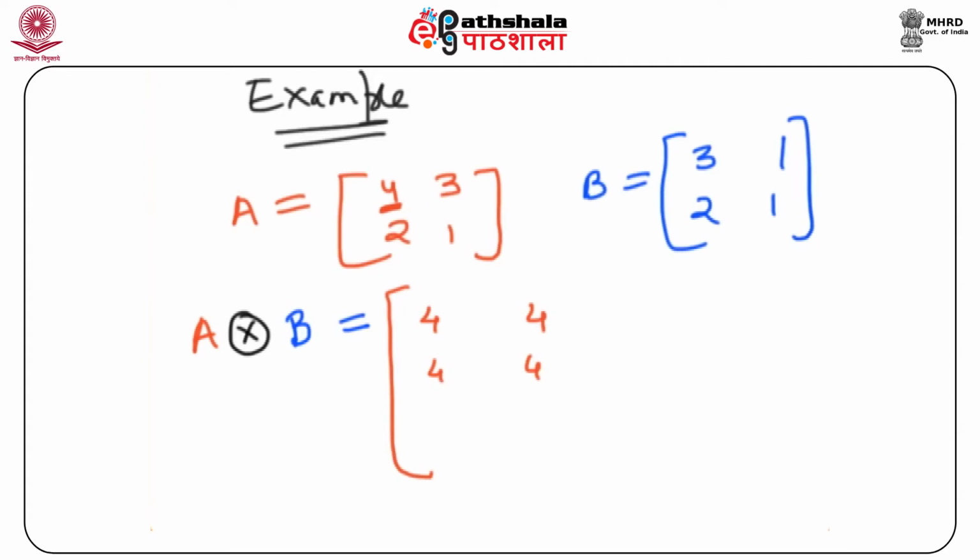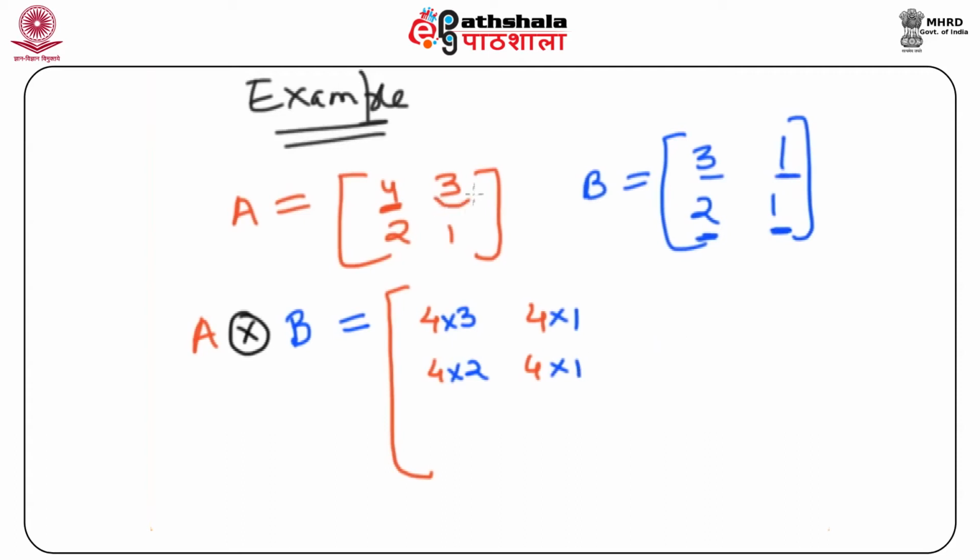Then we take all the elements of B and write them in the respective places: it is 4 into 3, 4 into 1, coming from this position, then 2 will come here and this one will come here.